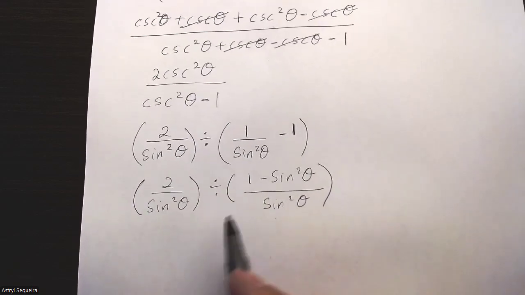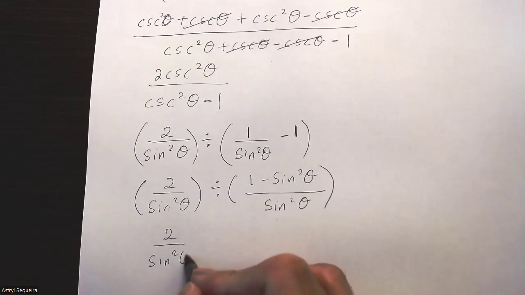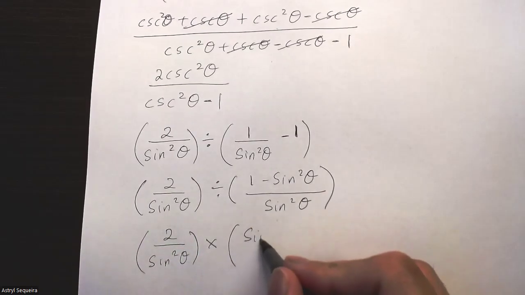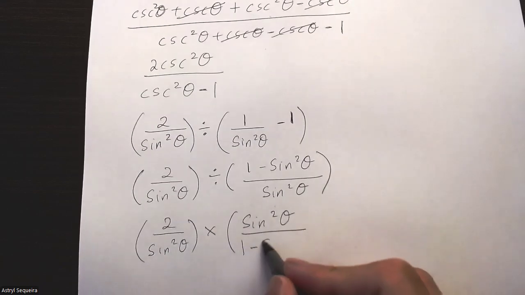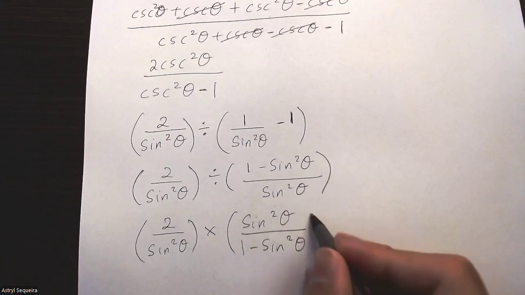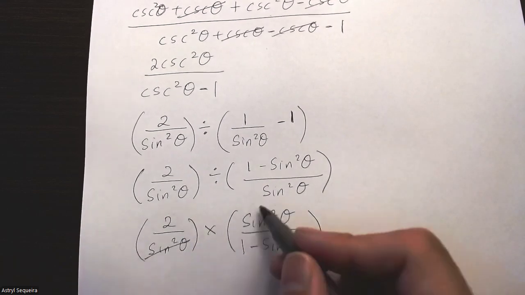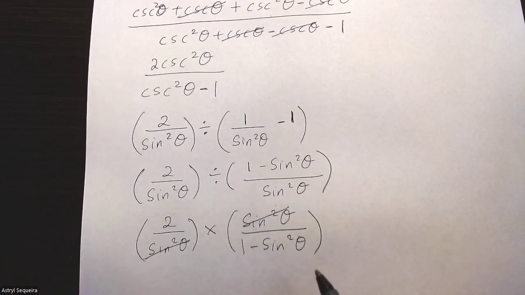Then I'll flip this divide into a multiply. And I'll always flip the second fraction upside down. Then I'll just cancel out sine square and sine square because it's now multiplying, so I can cancel on the top and the bottom.